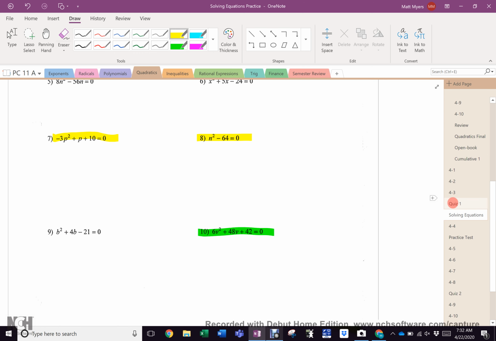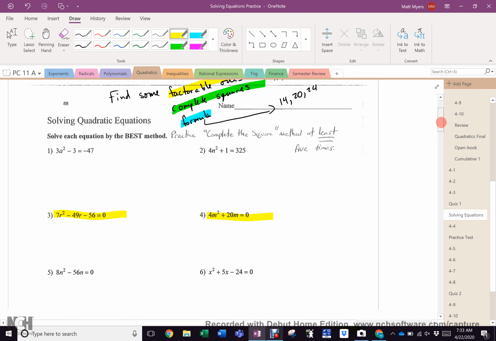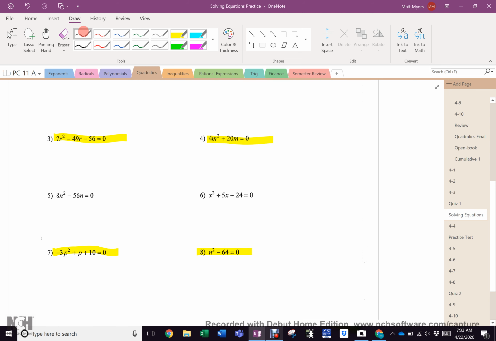So I asked you to do the yellow ones. I asked you to do those as factors, and there was a 3, 4, 7, and 8. So let's do them first. Now remember, the only thing we care about is ax squared plus bx plus c.